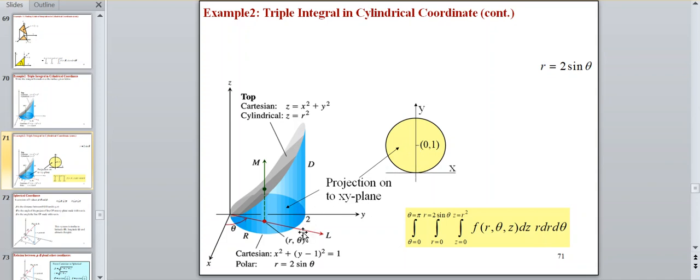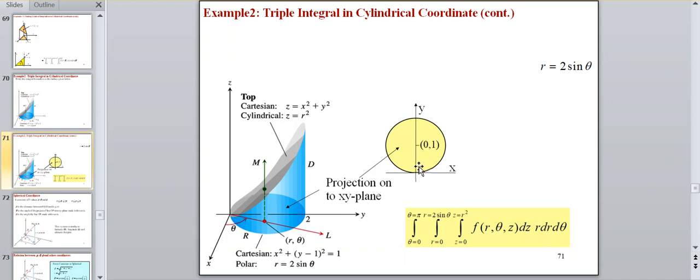The Cartesian equation of this circle is x squared plus (y minus 1) squared equals 1. Now we have to convert this Cartesian equation to polar.